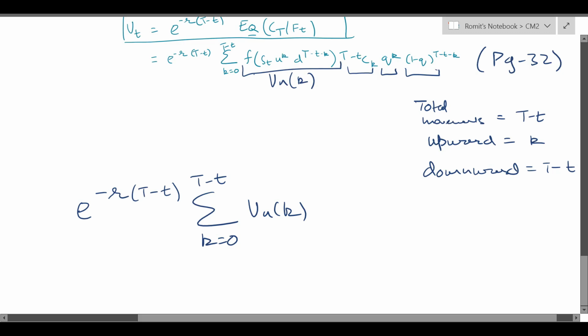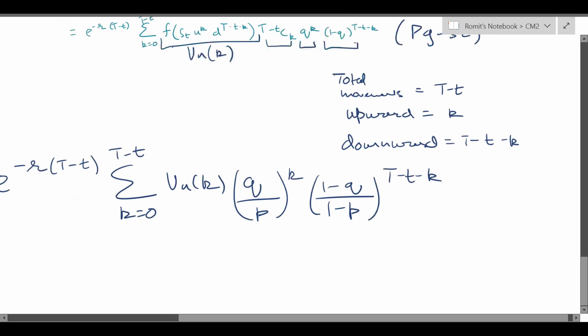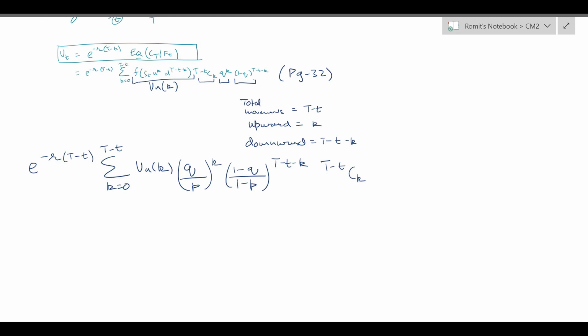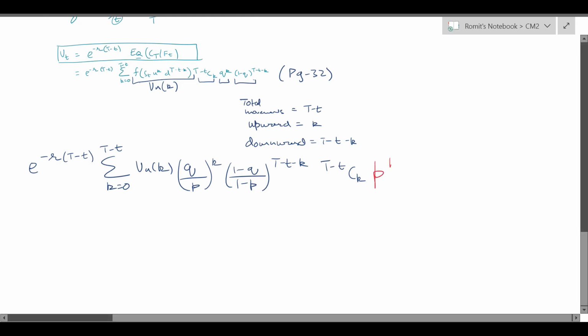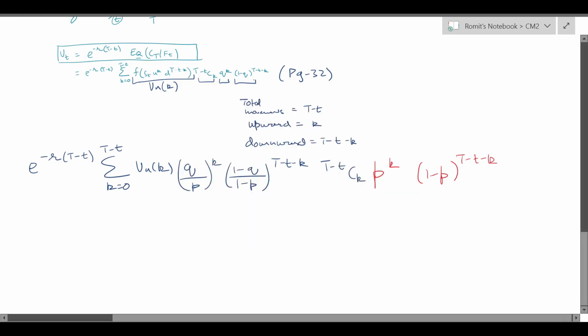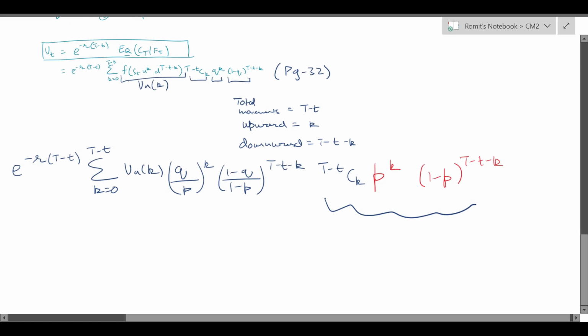Then you have q over p to the power of k, 1 minus q over 1 minus p to the power of T minus t minus k, and then you have T minus t choose k, multiplied with p to the power of k, 1 minus p to the power of T minus t minus k. Now, this is the real world probability of having k upward movements.